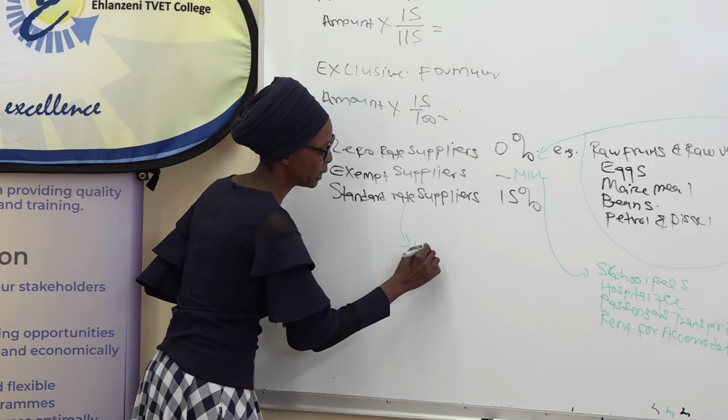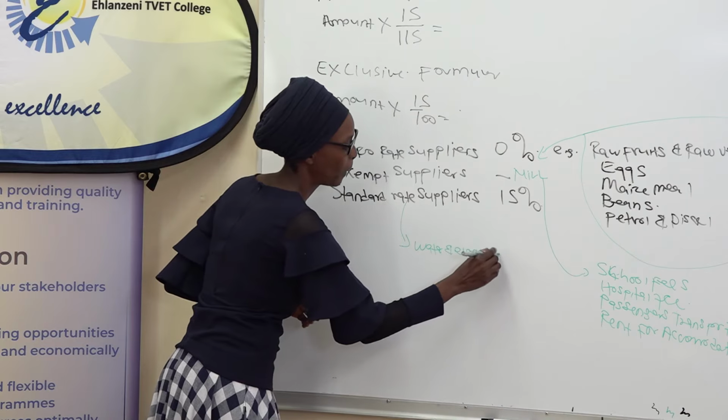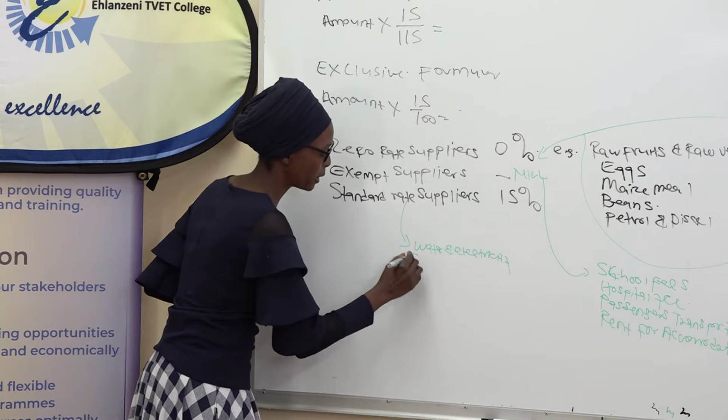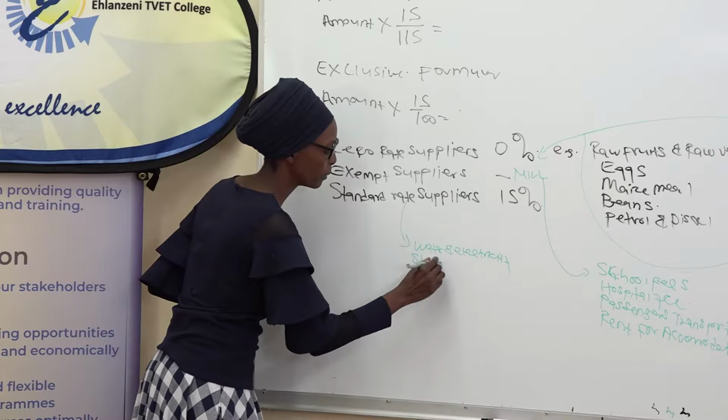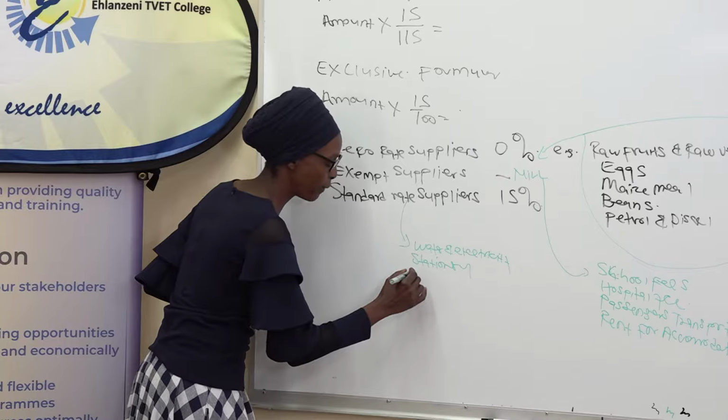Water and electricity, then the stationery, then all the fixed assets.